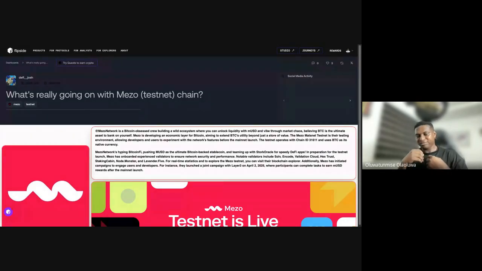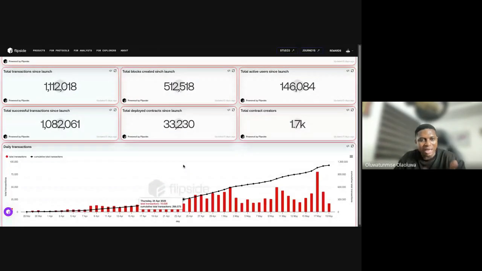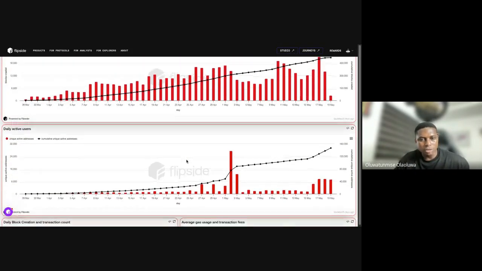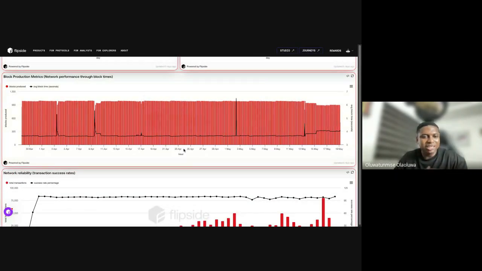So he is being curious and said, what is actually going on in their testnet? What are people doing in their testnet? And he did a deep dive into their testnet, and look at the insight and how beautiful the dashboard he has created came out. And this is what we teach in Analytics Sage.